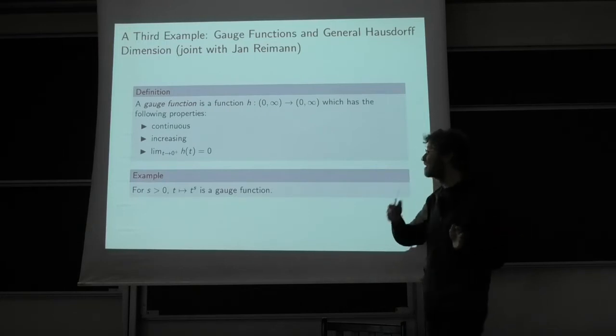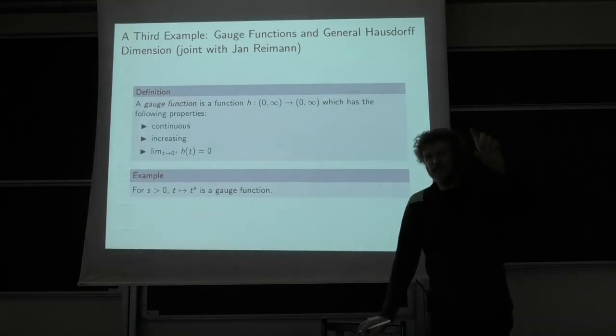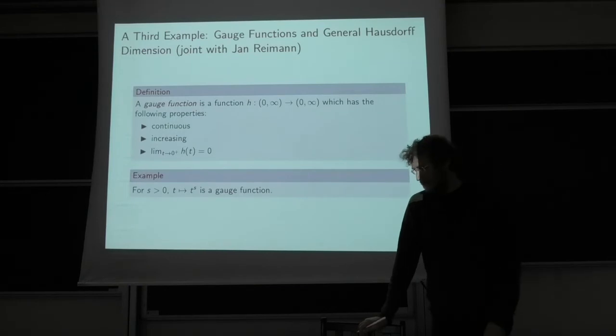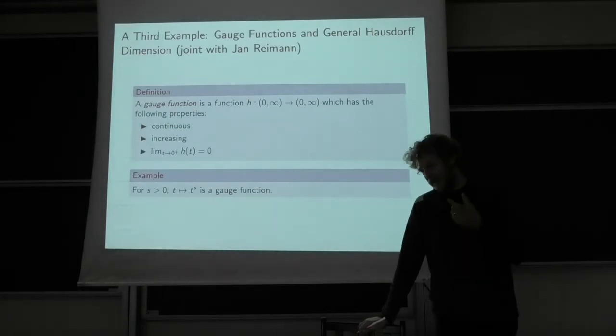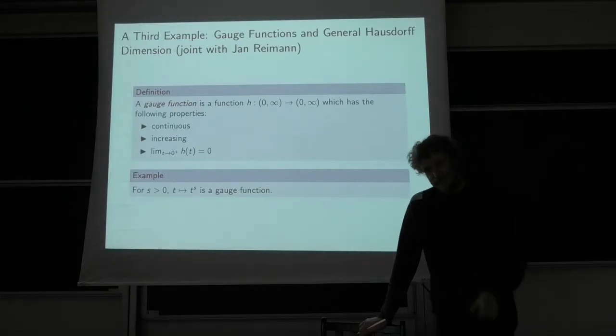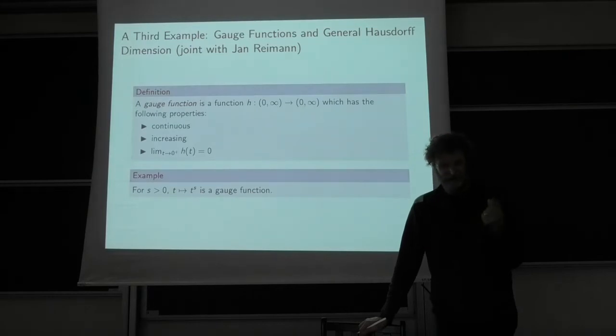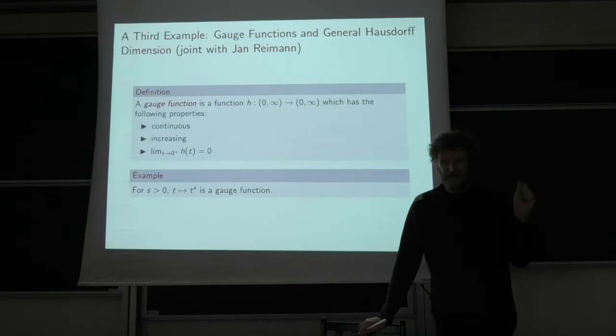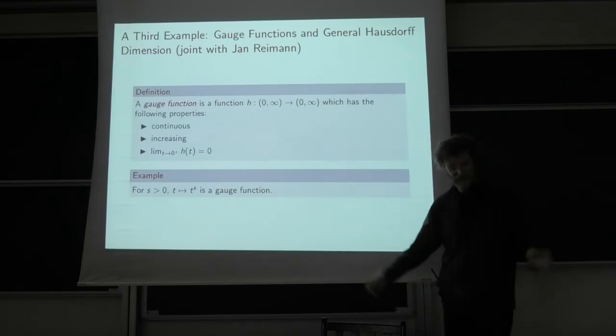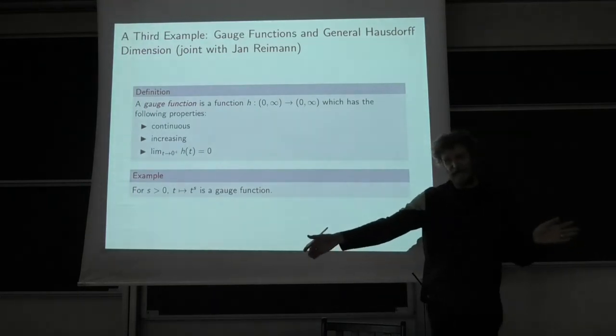Dimension is defined, as we saw, either by this kind of compression analysis, or if you look at the original definition, it's defined by assigning measure, some scalar of the diameter of a ball.